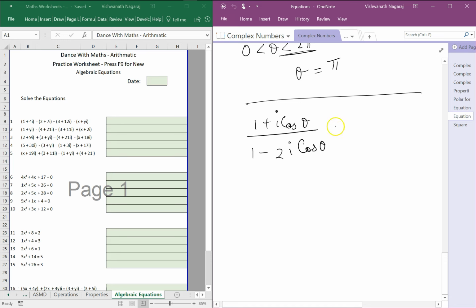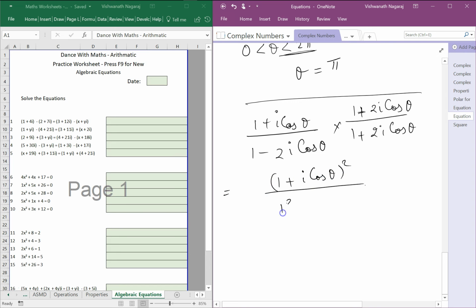As usual, let's multiply with the conjugate by conjugate, 1 plus 2i cosθ. So this becomes (1 plus i cosθ) the whole square divided by 1 square minus 2 square i square cos²θ.